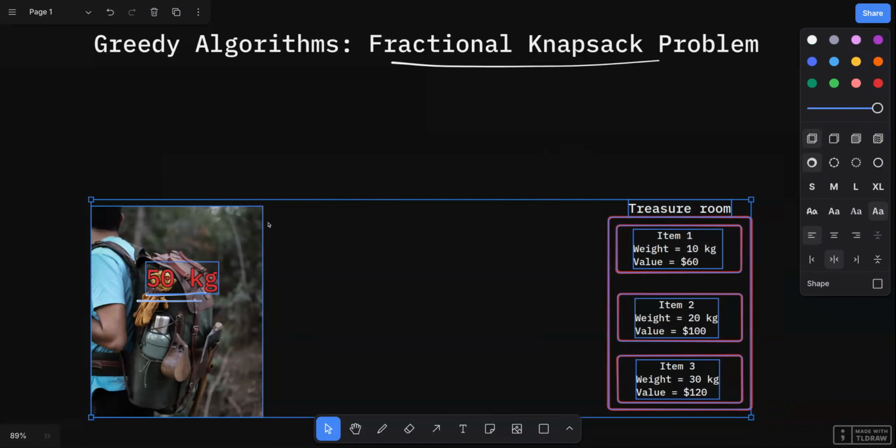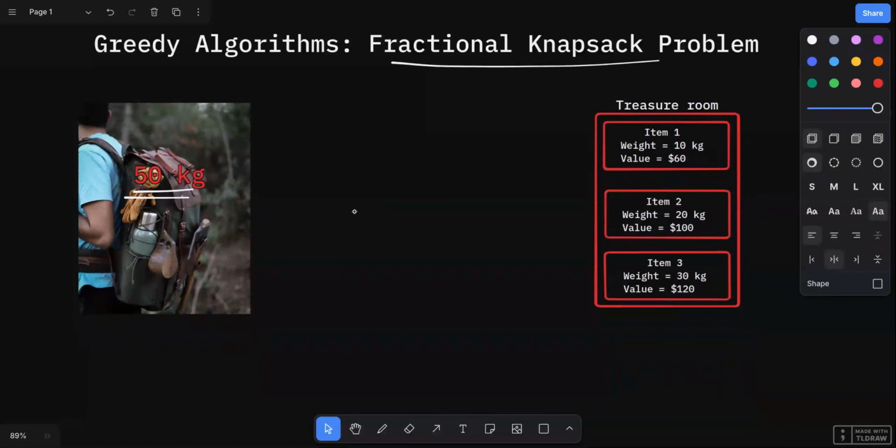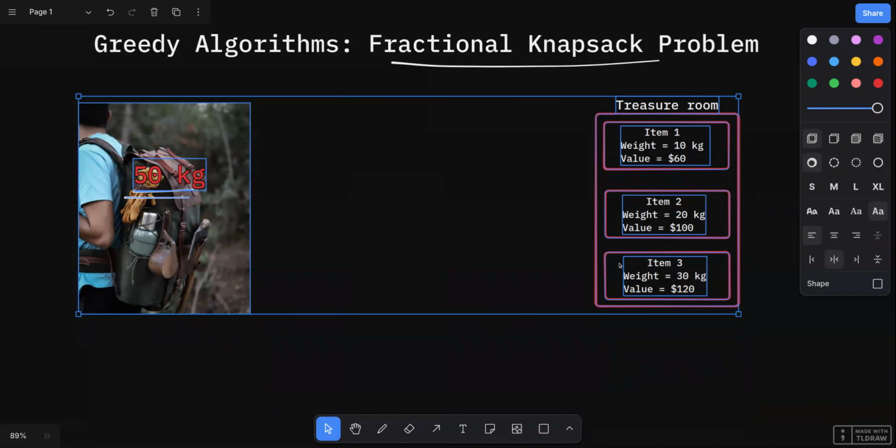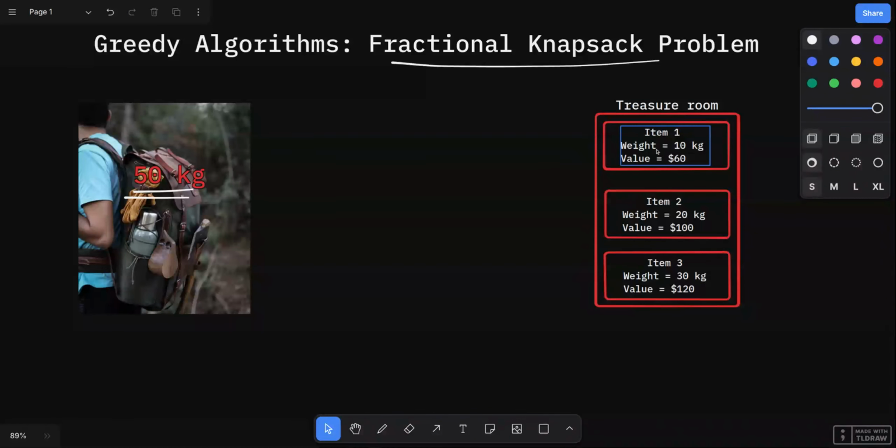The first item has a weight of 10 kgs and a value of $60. Item two has a weight of 20 kgs and a value of $100. Item three has 30 kgs and a value of $120.